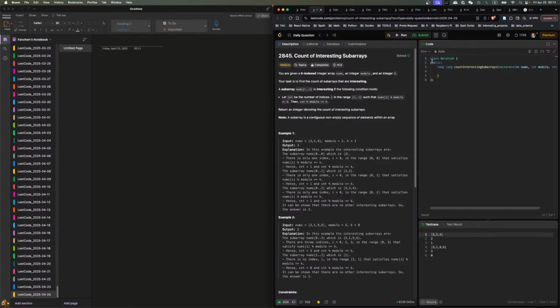Then count modulo equals k. So we count the indices that satisfy this, and then we want count to also satisfy the modulo condition. We need the count of interesting subarrays.